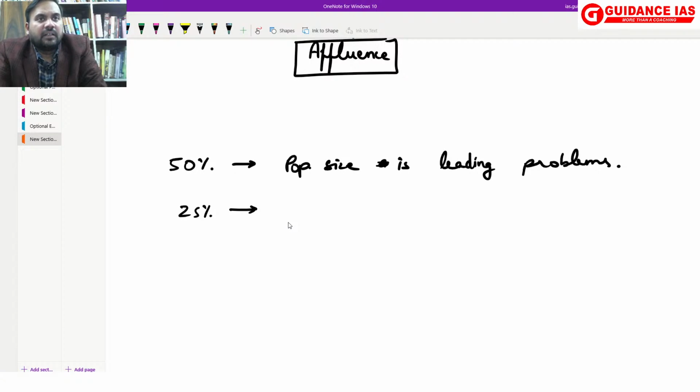For example, if you talk about developed countries, the total population of the developed countries is much lesser than the population found in the developing countries. But the total amount of degradation that they cause, the ecological footprint that they have, is much higher per capita than the developing world.